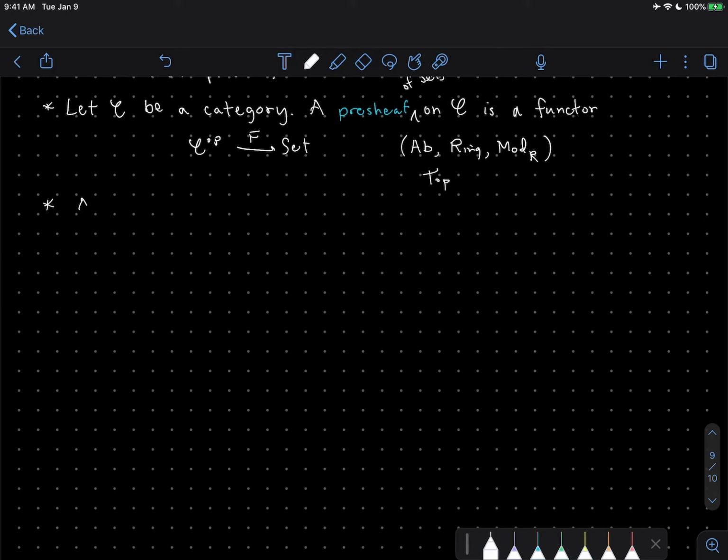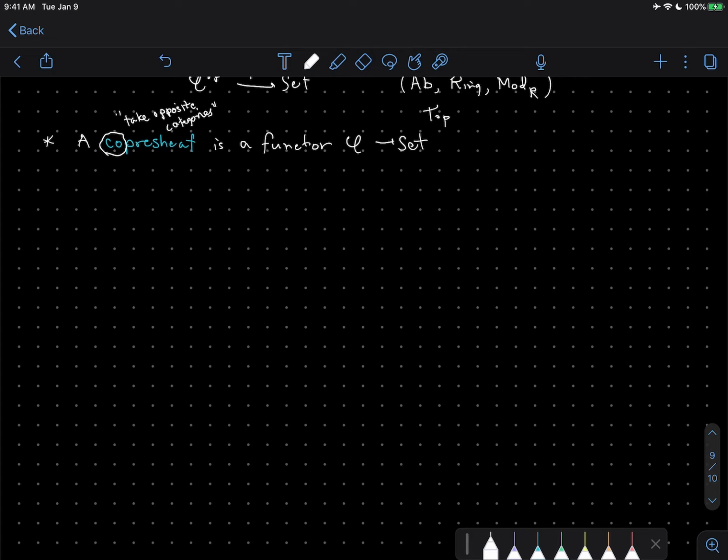We can also say a co-presheaf, which is a little bit of a clunky word. A co-presheaf is a functor from C to set. The prefix co tends to mean take opposite categories. We will see this all over the place. All right, so those are presheaves and co-presheaves.